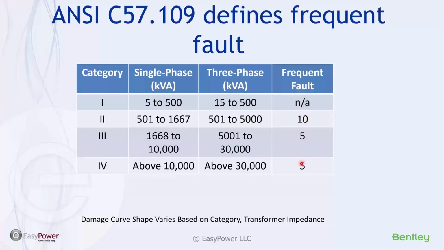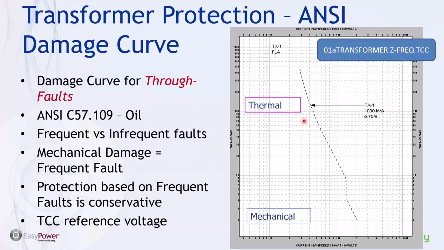And what this amounts to is the ability of the transformer to survive that number of faults in its lifetime that have exceeded the frequent fault limit but have not exceeded the 100% damage limit. So this is also included in EasyPower automatically, and it shows up as this plot down at the bottom.